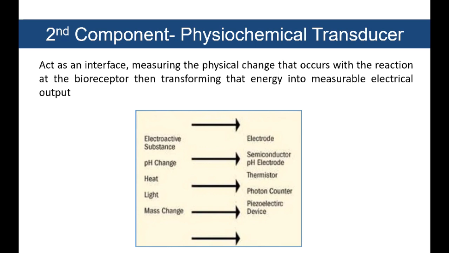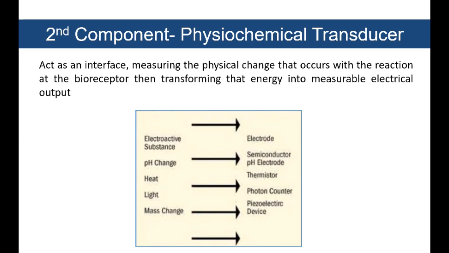As we all know, the transducer's work is to convert a non-readable quantity to a readable one, that is, unreadable energy to measurable, readable energy in the output form.